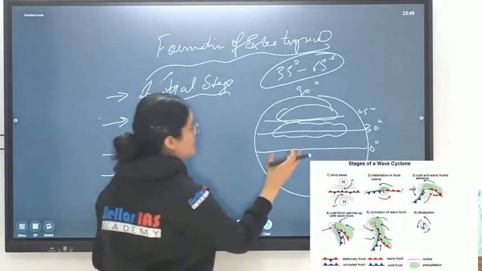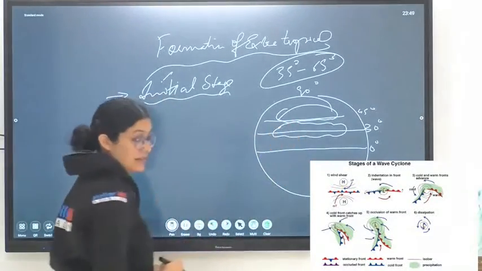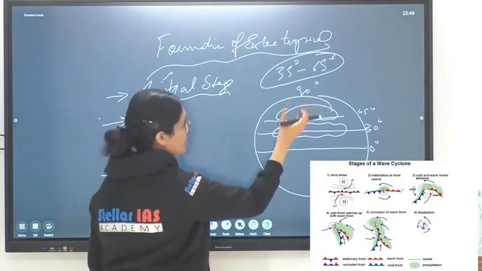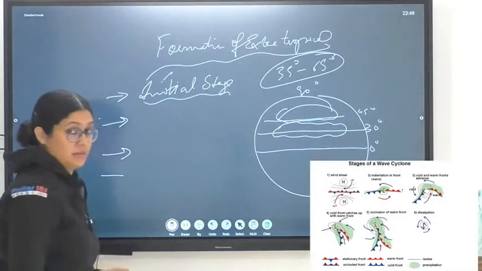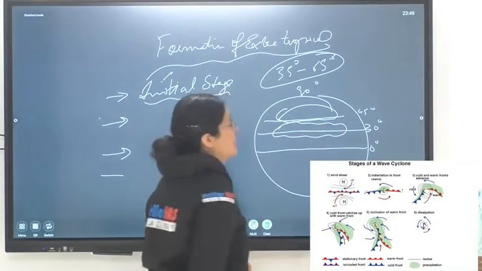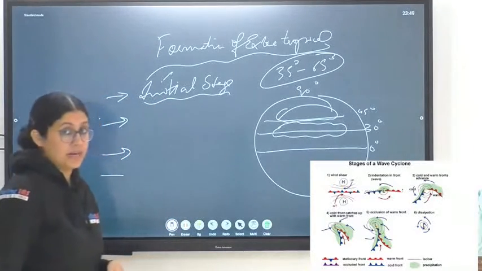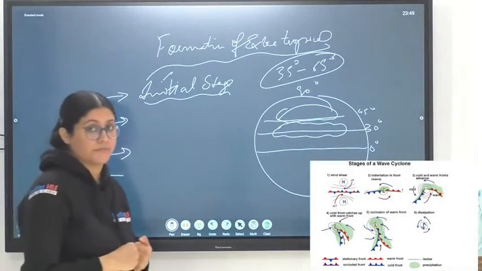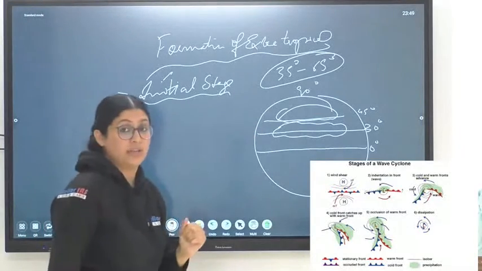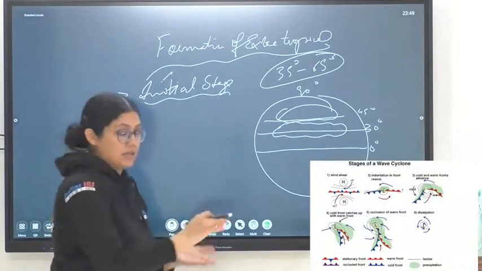Now warm moist air mass from the tropics, right, meets the polar cold dry air mass that is coming from the poles somewhere around the subtropical high pressure belt and the subpolar low pressure belt along the tropopause, right. So initially when they come in contact with each other, they are lying parallel to each other.